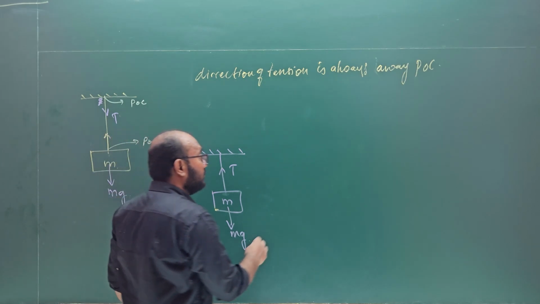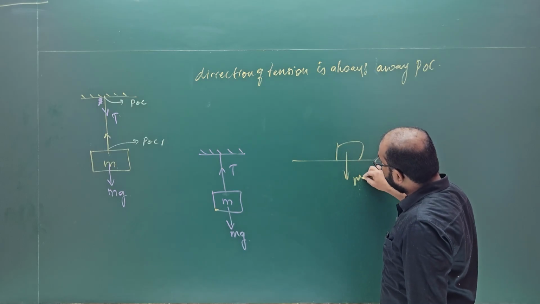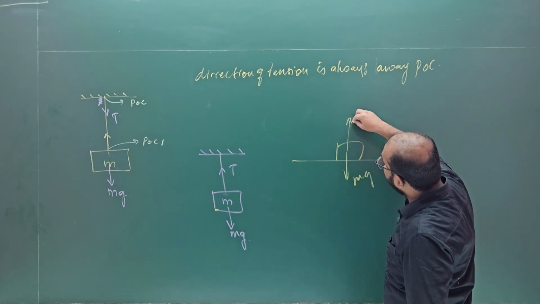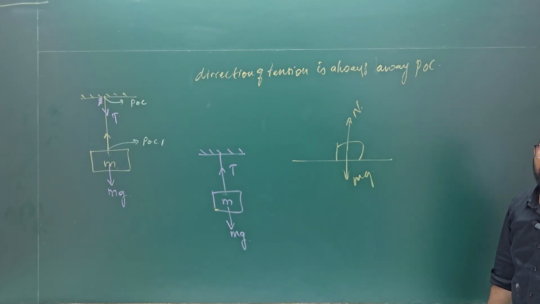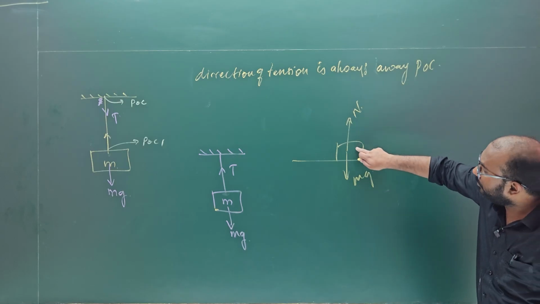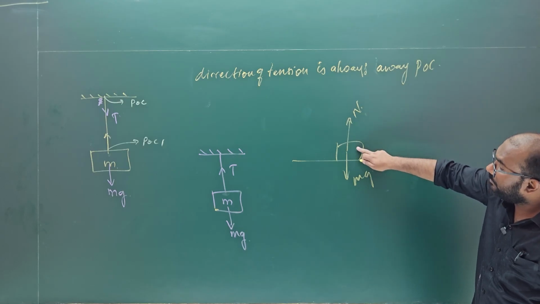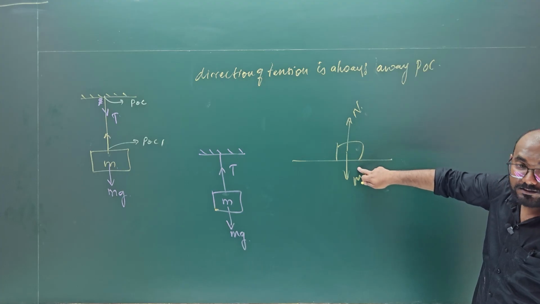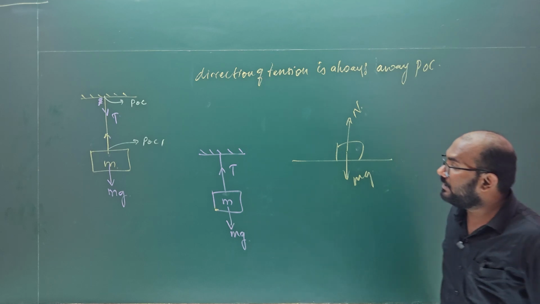Recall the case of normal. This is the surface. The surface is applying the force in the upward direction, that we call normal. Yes or no? So the bottom mass applying force on the block is what is mentioned as normal. Similarly, this block is applying force on the heavier mass, that is Earth, that is mg.